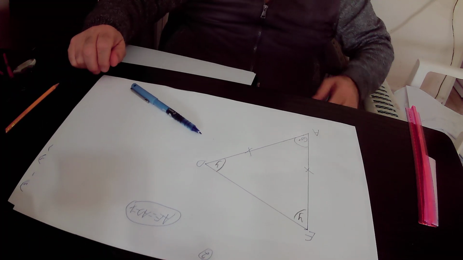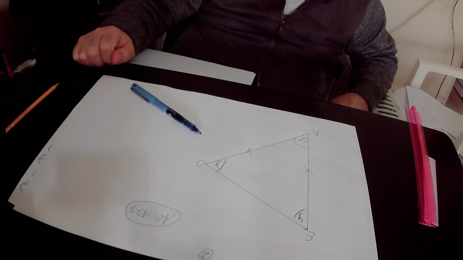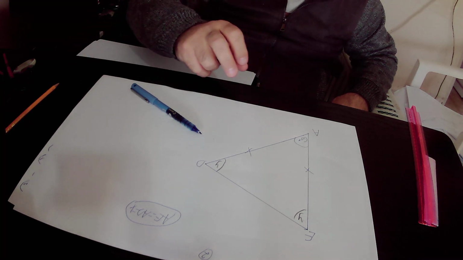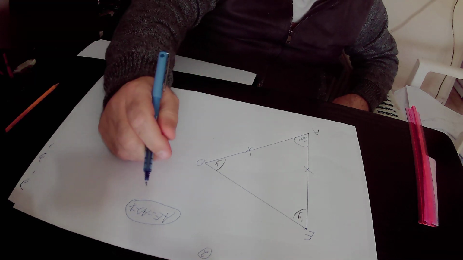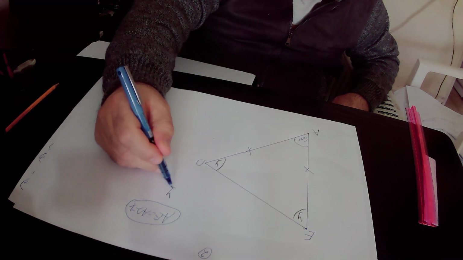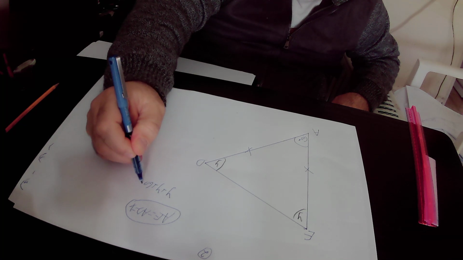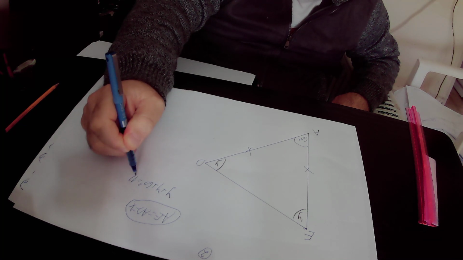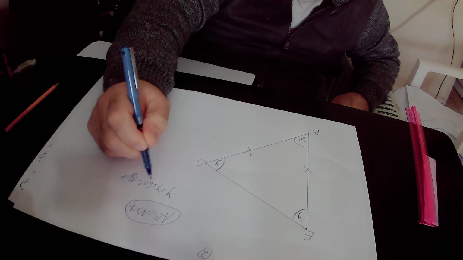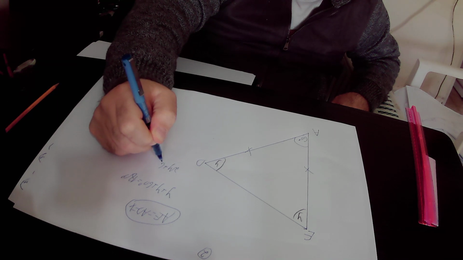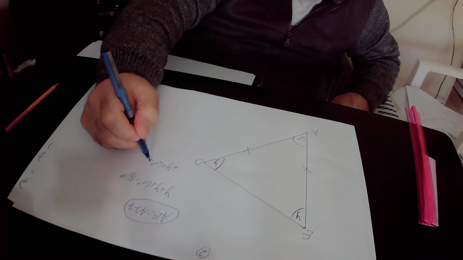And we know that the sum of the angles in any triangle is equal to 180 degrees, so the sum of the angles in triangle AED must be equal to 180 degrees. That is to say, y plus y plus 60 degrees equals 180 degrees, so 2y plus 60 degrees equals 180 degrees.